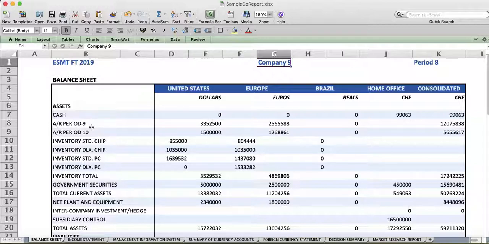A-R, period 9. This company is running period 8, or has just received the results of period 8, and therefore is now considering its accounts. Accounts receivable, period 9, means these are the payments due in period 9, in quarter 9.